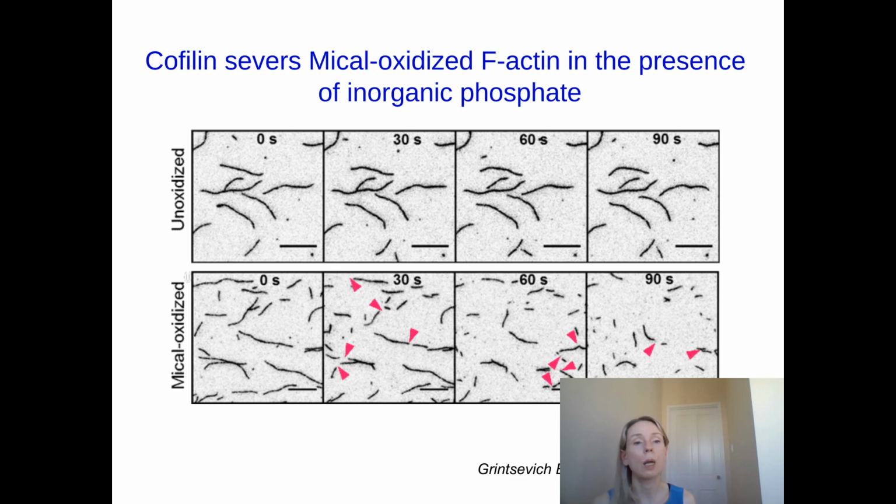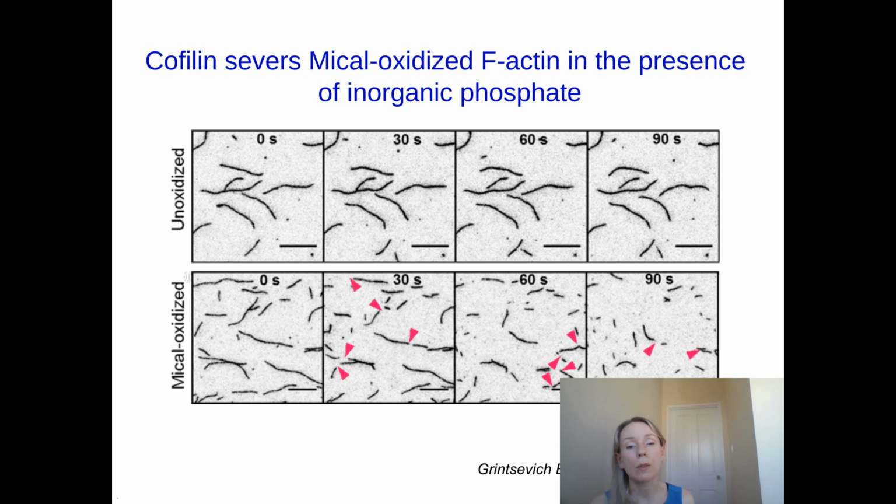Another thing which was very surprising to us and very unusual in terms of the disassembly mechanism is that Cofilin gained the ability to sever actin filaments which are enriched in inorganic phosphate. And remember, I told you that this protein has a distinct preference for ADP-actin filaments which released inorganic phosphate, and it's normally not effective towards disassembly of the actin which is enriched in inorganic phosphate.